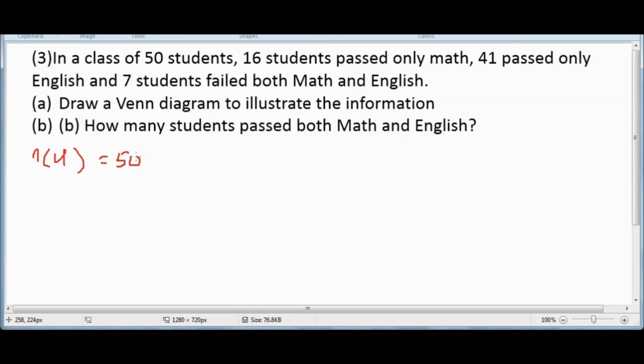Sixteen students pass only math. This is a subset of 50. So M, which stands for math, is equal to 16.